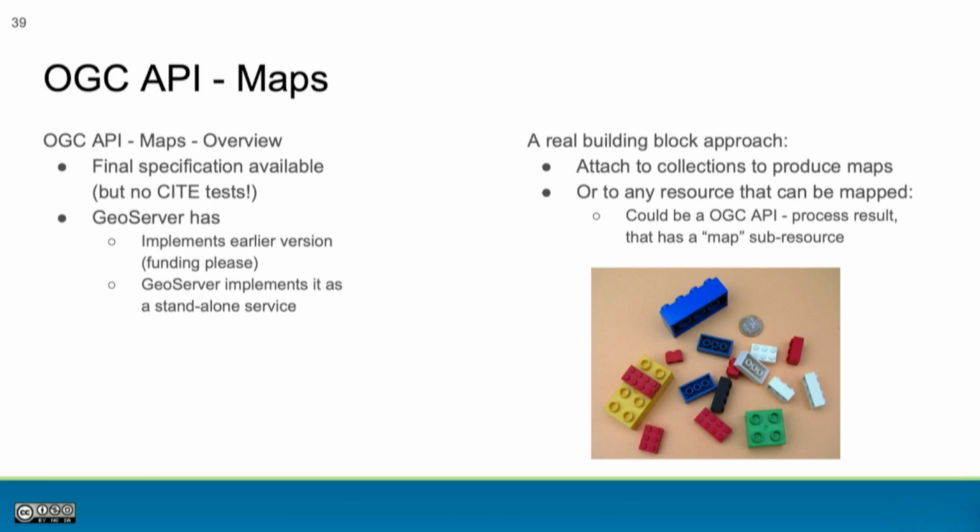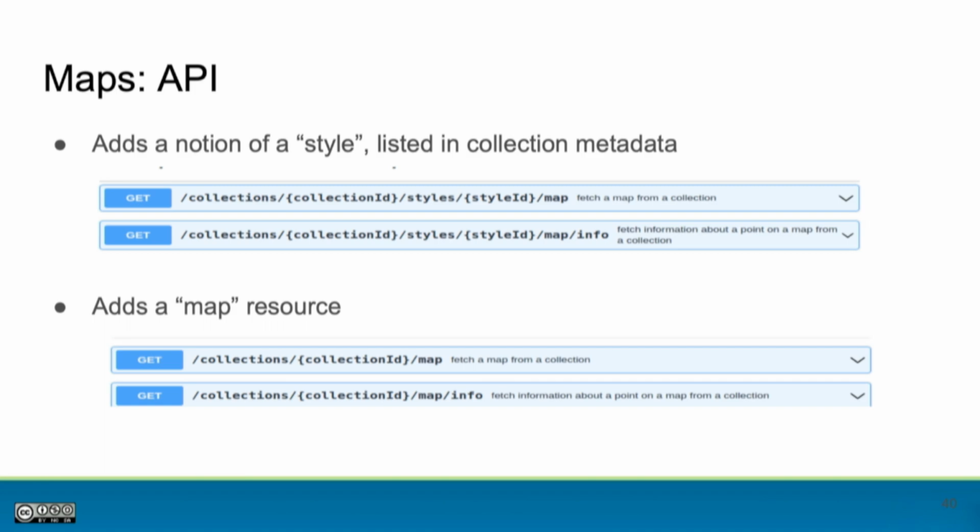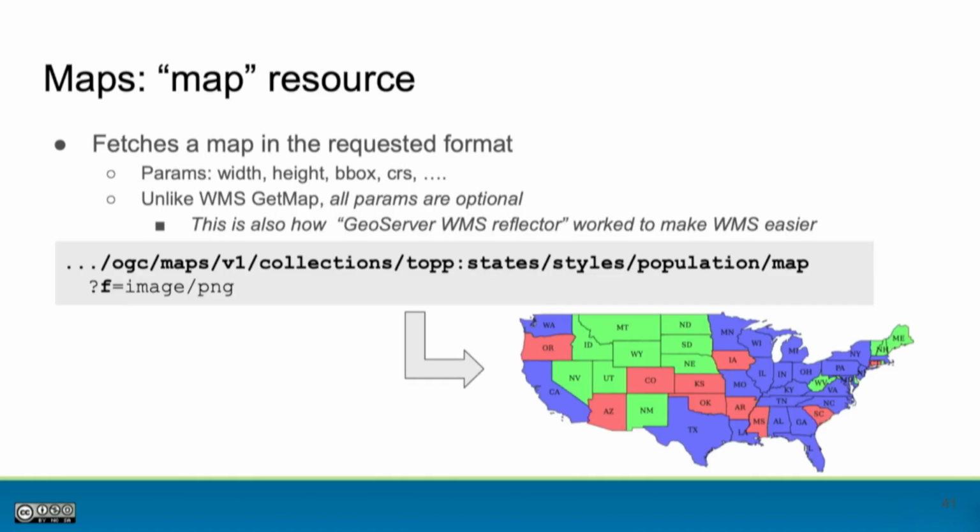So our maps is an independent service from OGC API Features. And the Maps API provides the notion of a style, which we can use to draw the data, and mixes it in with a map resource in order to get an output. So here's an example of our endpoint.